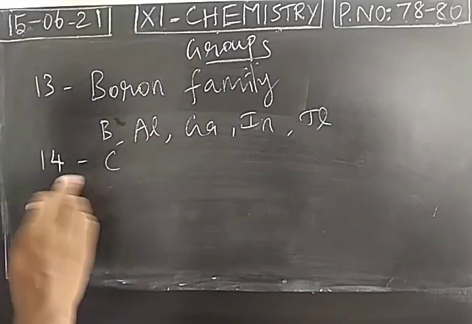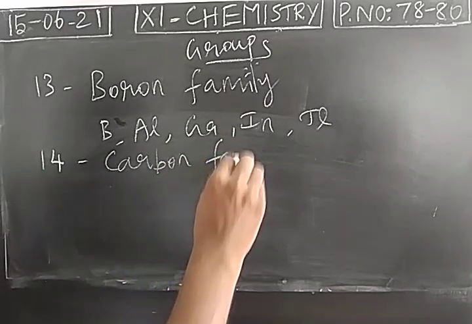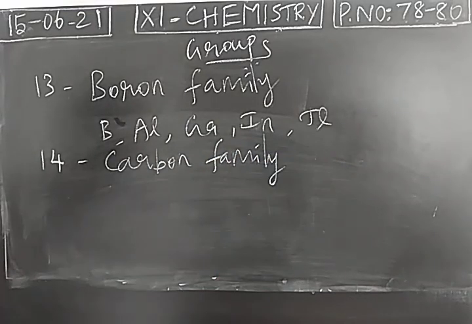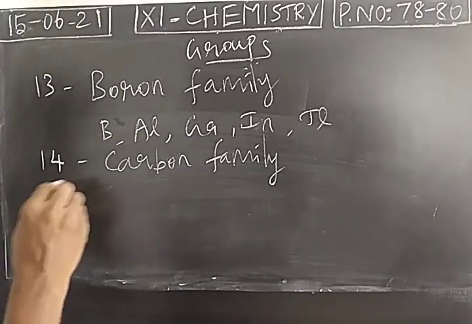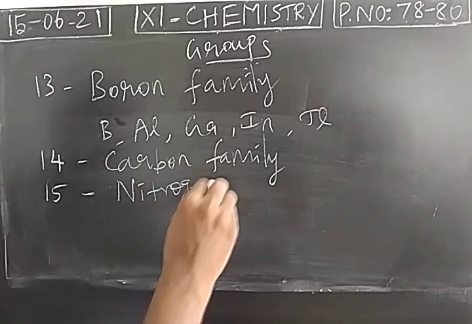First element is carbon in group number 14. So this is called the carbon family. Carbon, silicon, germanium, tin, lead, these are all the members. Group number 15, first element is nitrogen. So it is called a nitrogen family.